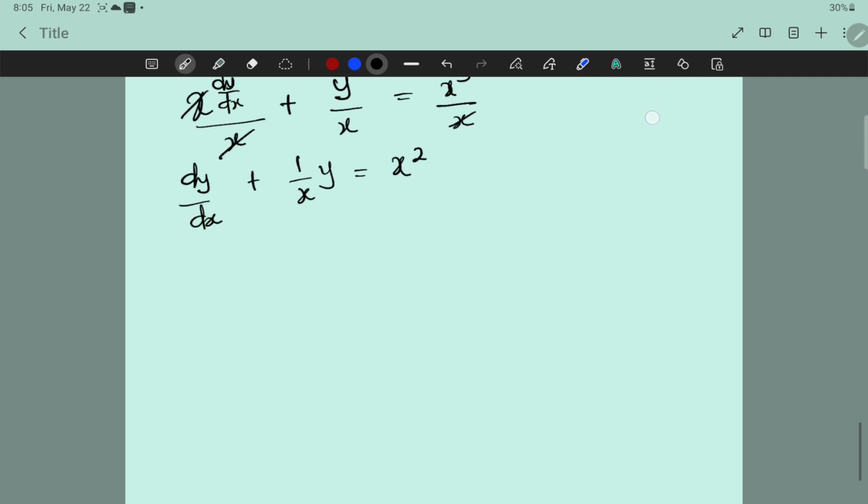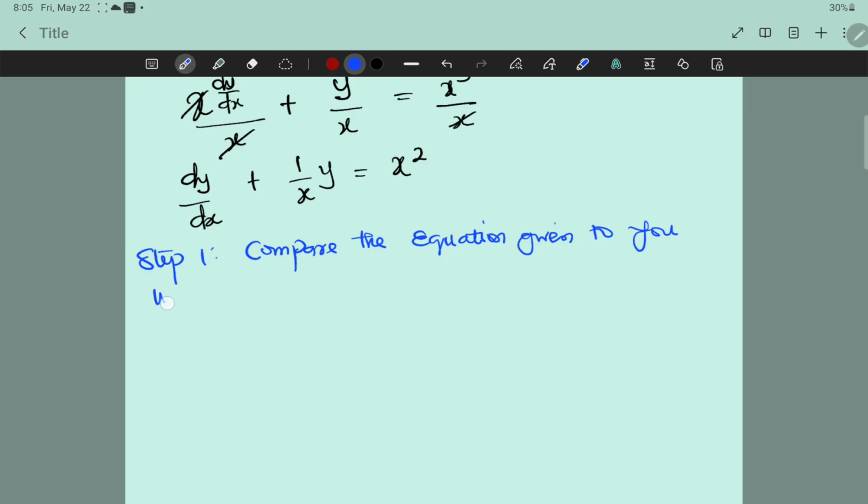Now it is comparable. Step 1 now: compare the equation given to you with dy/dx + py = q.